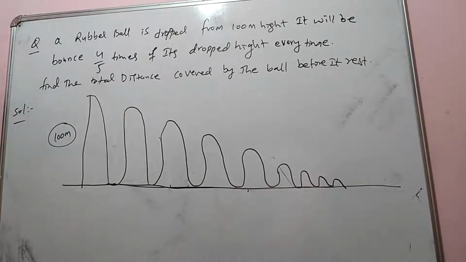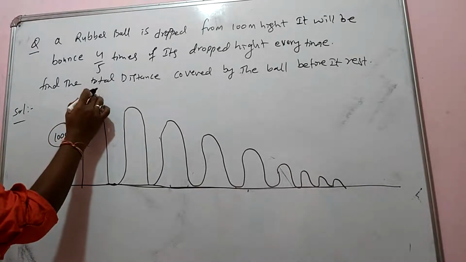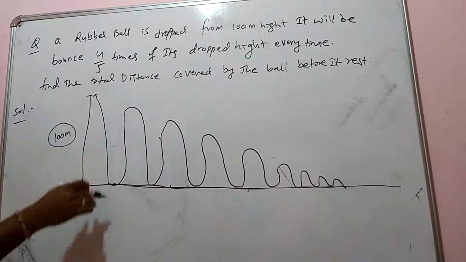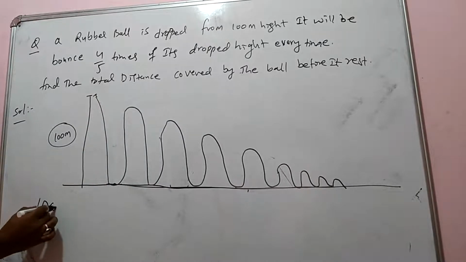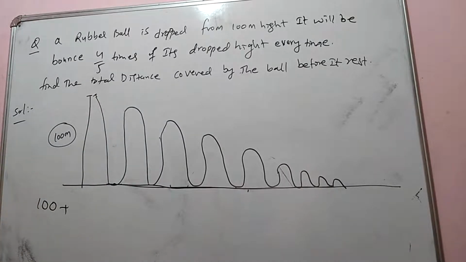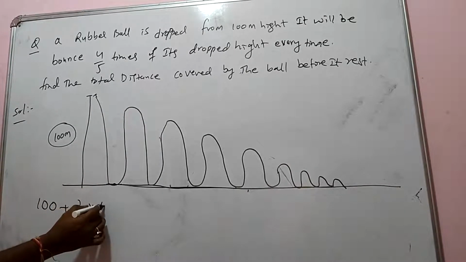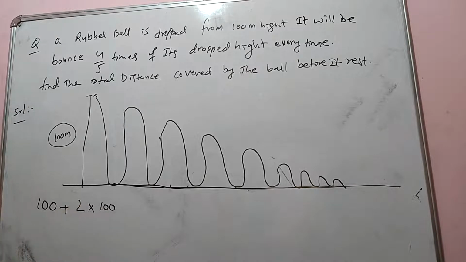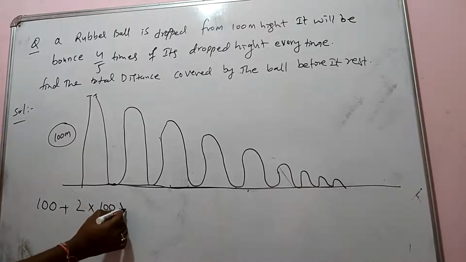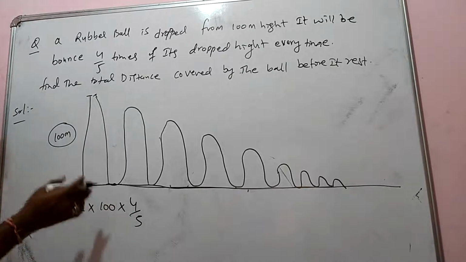Then what is the distance it has covered? That is the question here. When it is dropped the first time, it covers 100 meters. The first step, it covers 100 meters. And the second time, it is 4/5 times of 100 meters.